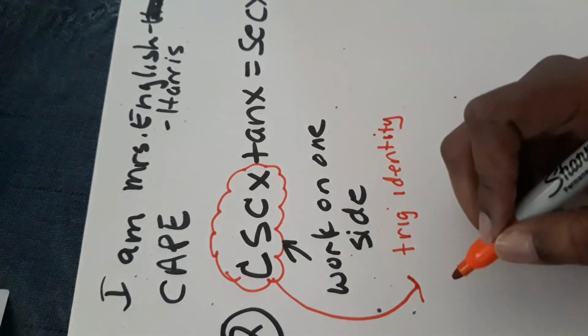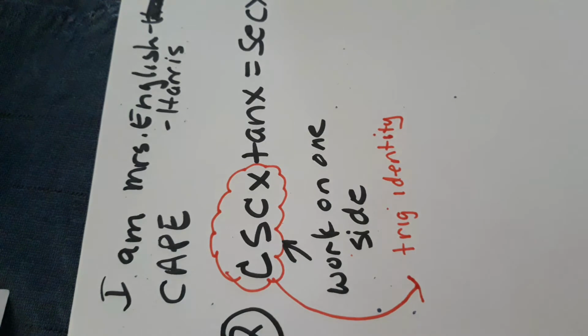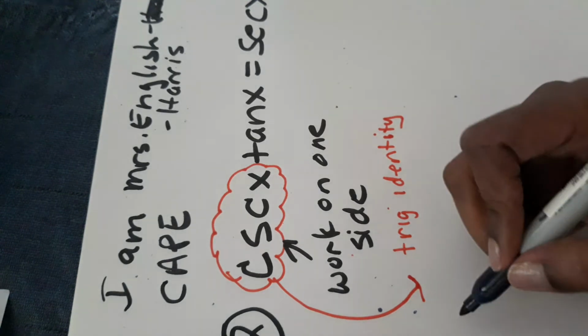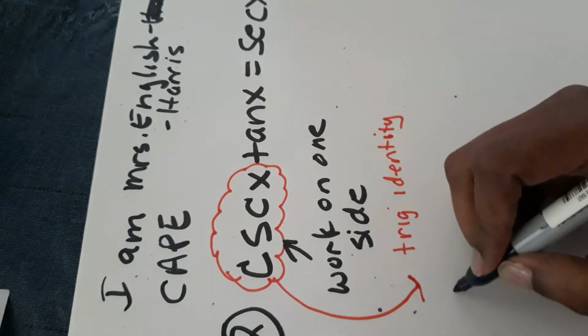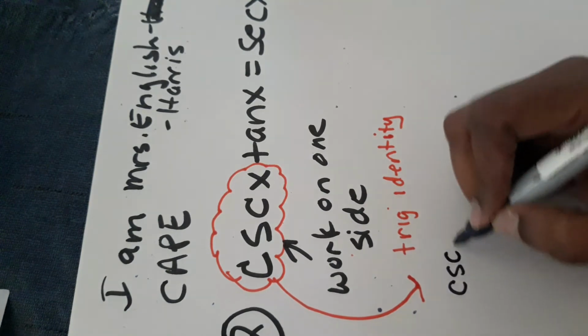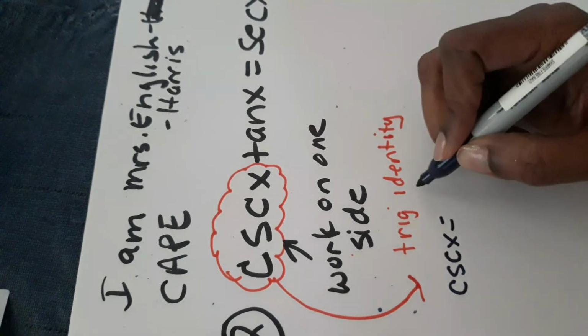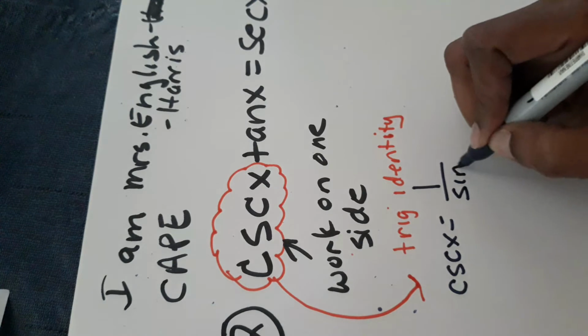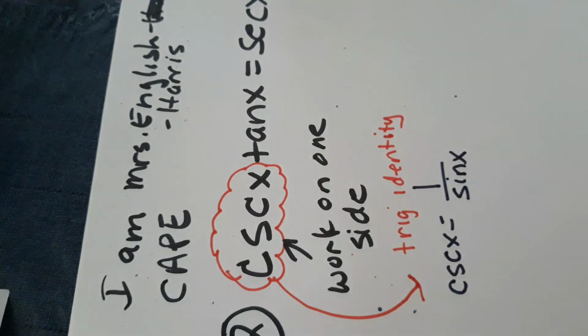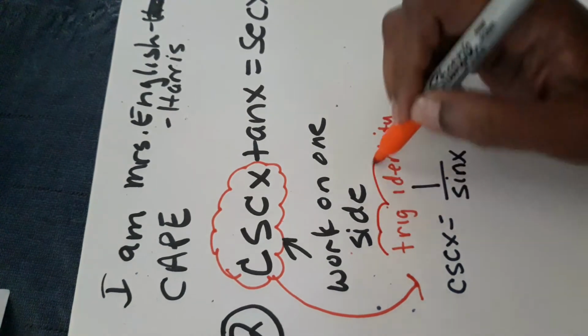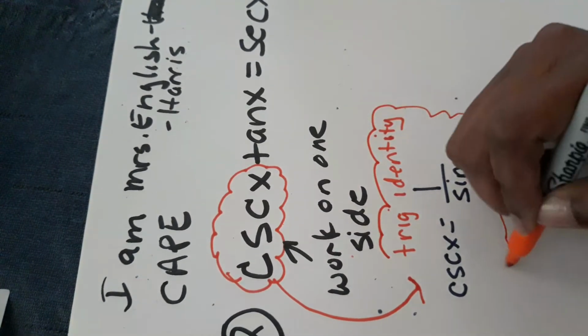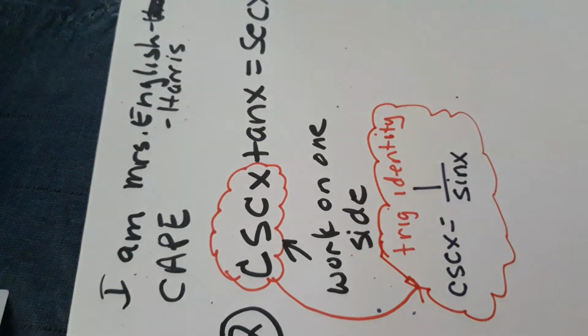Okay, so the equivalent trig identity for cosecant is, cosecant is equivalent to 1 over sine x. Here we go. It's right here. Goes with that little bubble right there. Okay.